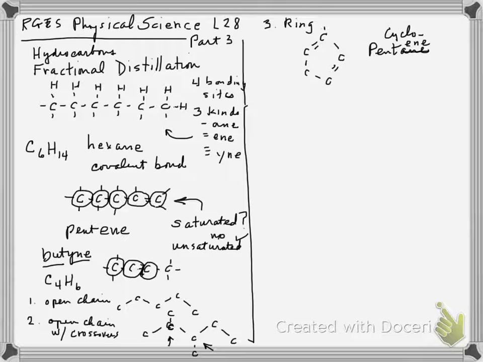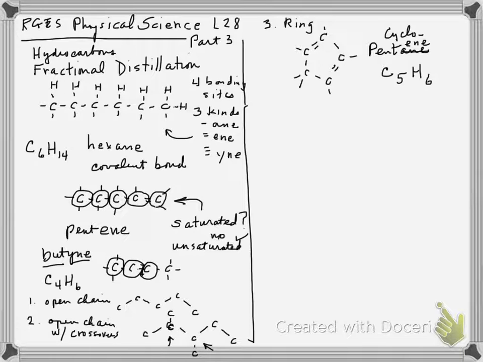Remember, we need to have 4 bonds for each carbon. This little carbon is going to have 2. This is going to have 1. This is going to have 1. So we would say cyclopentene. Here is C5H what? 1, 2, 3, 4, 5, 6. C5H6. Okay, cyclopentene. So you now can name a ring structure.